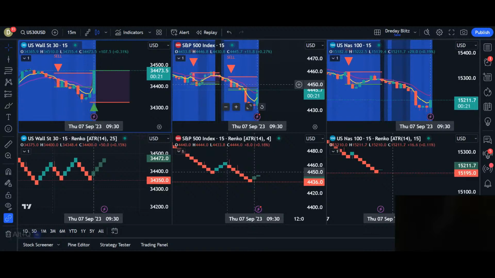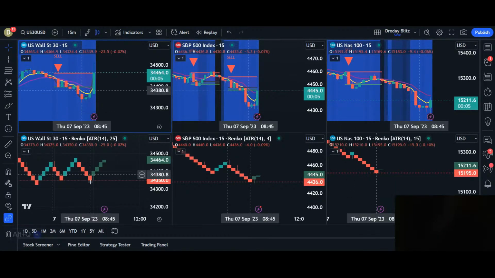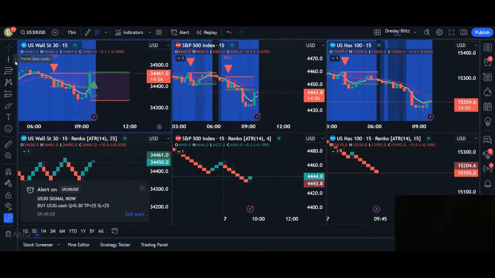If you were in the trade when we had the signal, you should be able to... Here you go. The signal came back, so you could put your stop loss here at the swing of that move. What I do is I put a vertical line here on my Renko bar. I'll show you exactly how I do it.